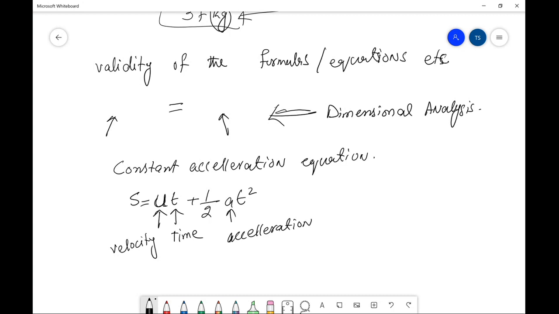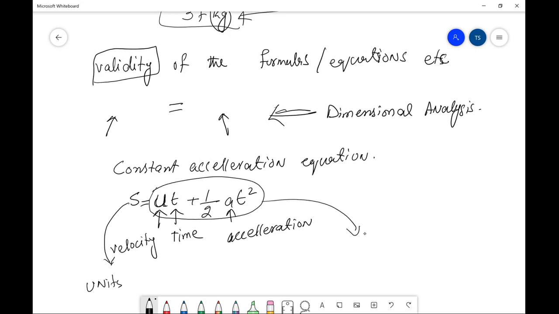If my spellings are wrong, just forgive me, I'm terrible with spellings. We're checking the validity of the formula. That means the units on the right hand side should match the units of the left hand side.